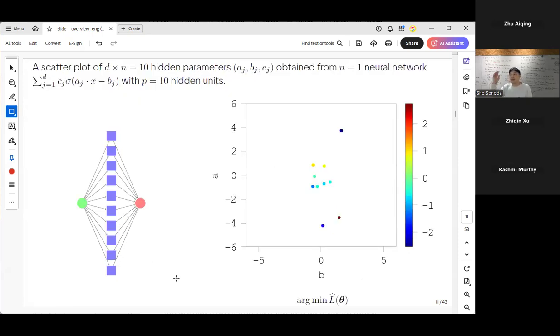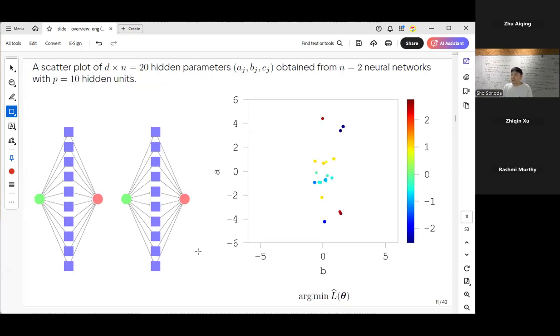After the learning process converges, we obtain 10 (a, b, c) points, right? This is a three-dimensional space, where a and b are the axes and c is shown in color. Because we have 10 hidden units, we have 10 pairs of (a, b, c). And now we have 10 points in this abc space, I mean 1, 2, 3, 4, 5, 6, 7, 8, 9, 10 points, right?